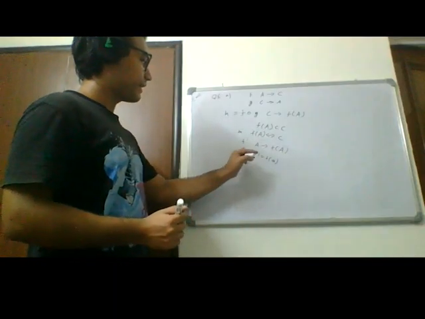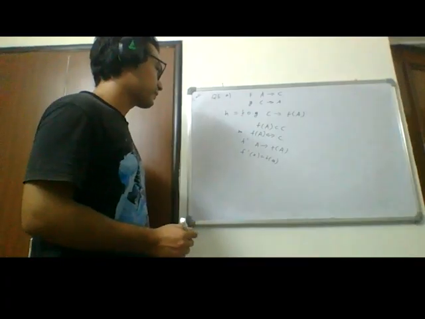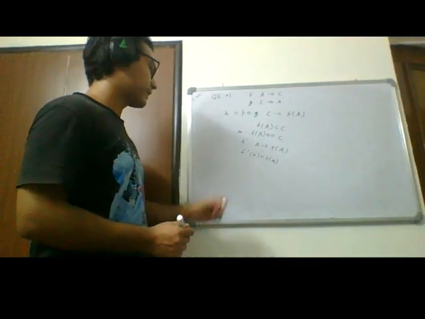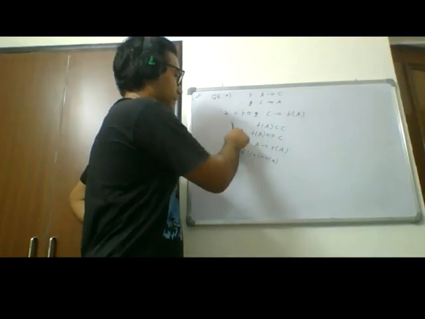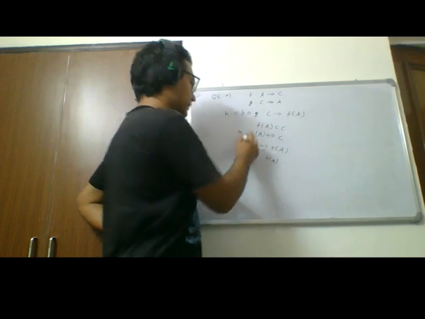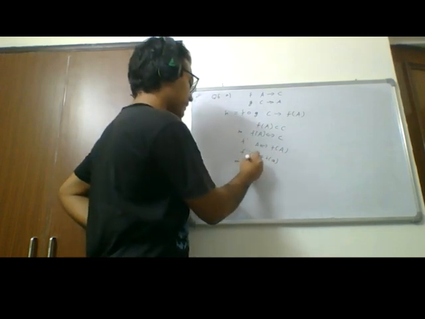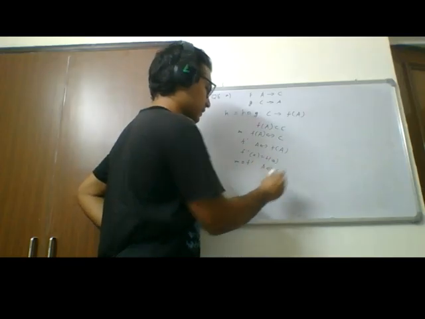Now, f prime is a surjective function and an injective function because f is injective. So what do we get? f prime is a bijection from A to f of A, M is a bijection from f of A to C, and therefore M composed with f prime is a bijection from A to C.